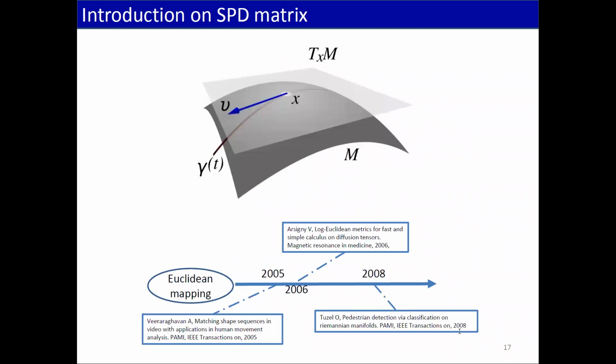Then from 2005 to 2008, the Euclidean mapping method was proposed and became very popular. The basic idea is to map the covariance matrix from its manifold to its tangent space, which is much easier. And we know the log-Euclidean metric is a typical method of this kind.